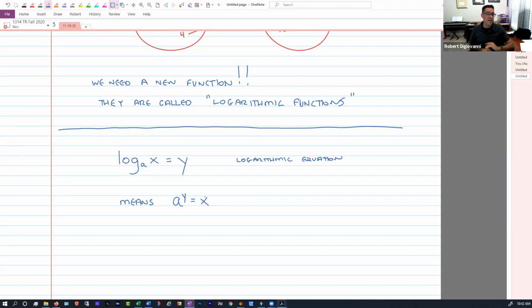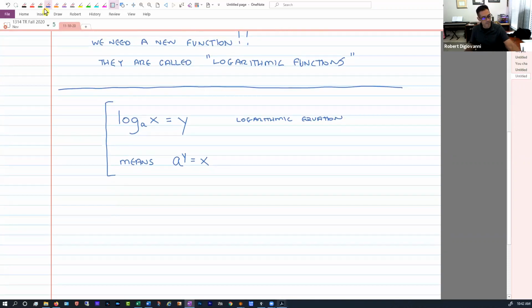All right, so I understand that this looks weird. So let me try and explain this with an example. If somebody were to write log 3, 9, can somebody tell me what this would be equal to?